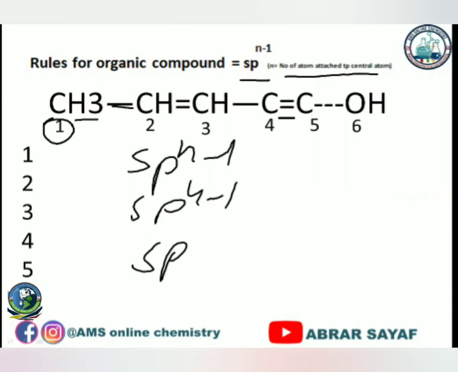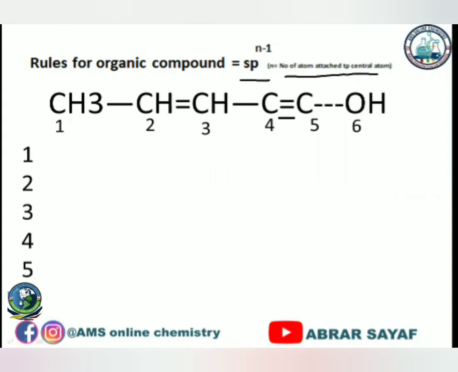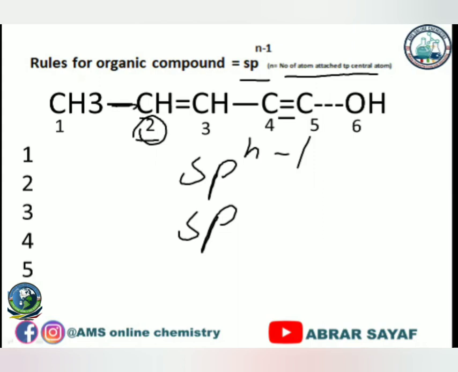Now let's check the second carbon, carbon number 2. We have the formula Sgn minus 1. So this is sp2. Now here the n is 3. Why? Because this carbon is attached by one bond to this carbon and by double bond to this carbon and one hydrogen.